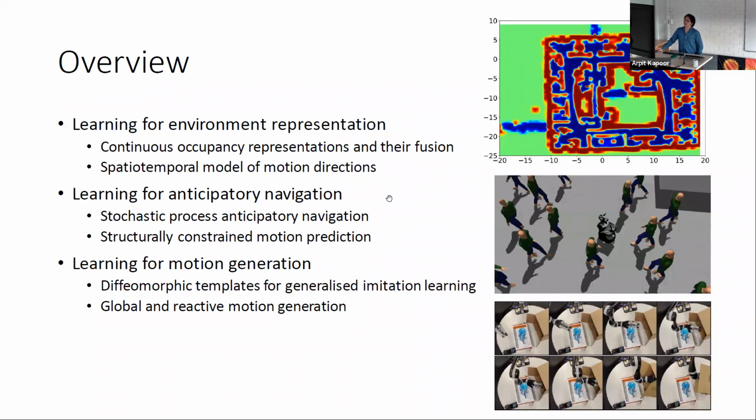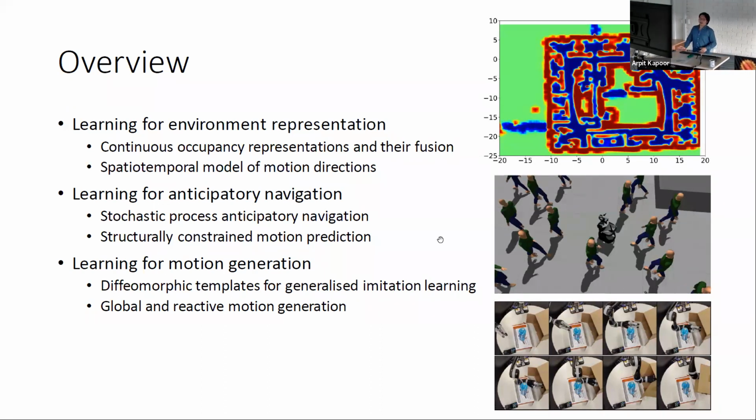The first area is using learning for environment representation. If a robot is navigating, it needs to have good models of the surroundings that it's in. In particular, I'm going to be talking about my work on continuous occupancy representations and their fusion in multi-agent scenarios.